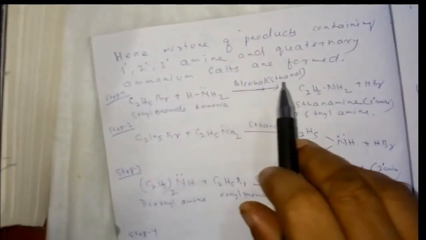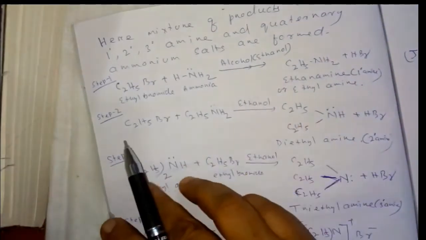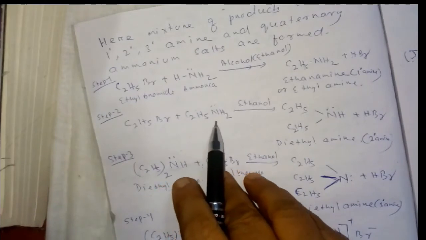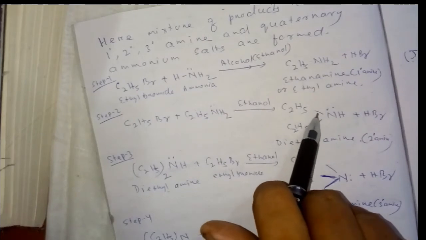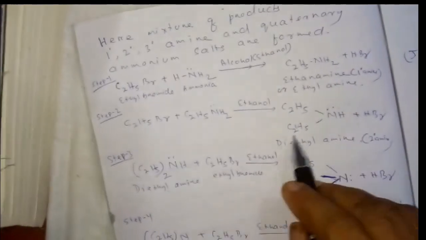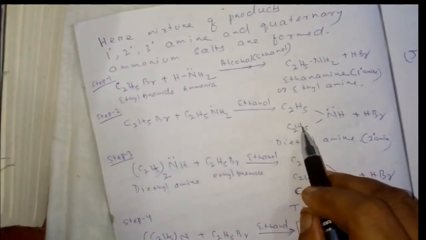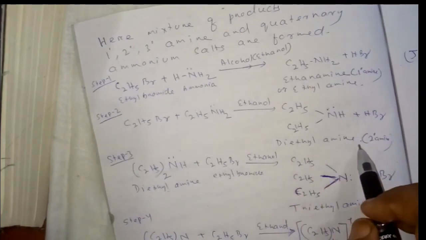This reaction occurs in alcohol, generally ethanol. C2H5Br with C2H5NH2 gives C2H5NH–C2H5. Nitrogen is trivalent, with 2 alkyl groups attached, plus HBr. So it is called diethylamine, or 2 degree amine.